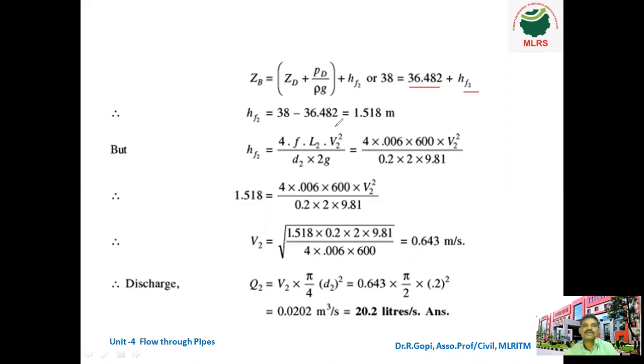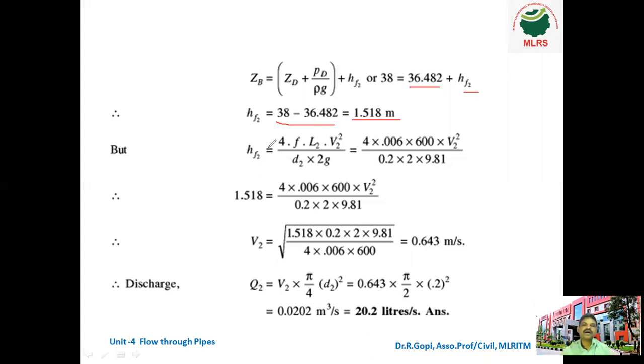HF2 is the loss of head due to friction in the second pipe. So 38 minus 36.482 gives the difference in head, 1.518 meter.